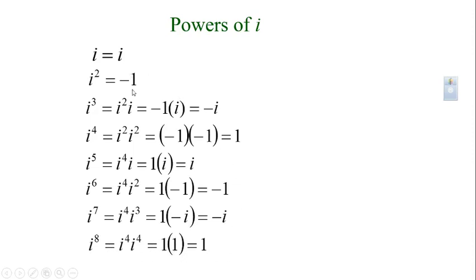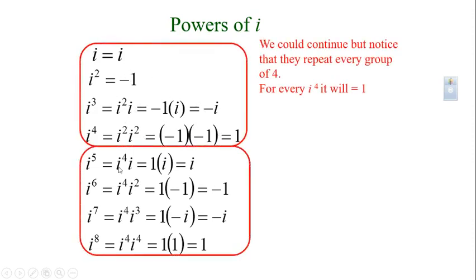As you can see, a pattern is emerging here. Every time we go 4 units, we basically start over. That's similar to how the clock works. Every time you go 12 hours, you start over, or how the week works. Every time you go 7 days, you start over. Today, for example, if today is Monday, in 7 days it will be Monday again.